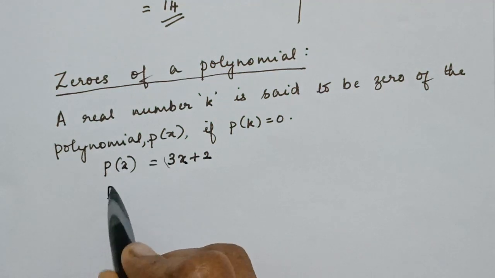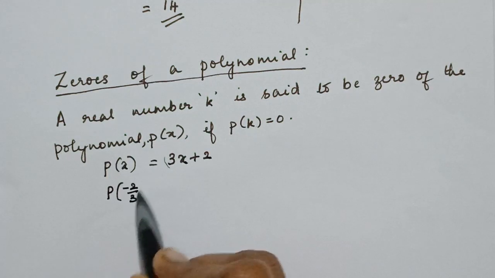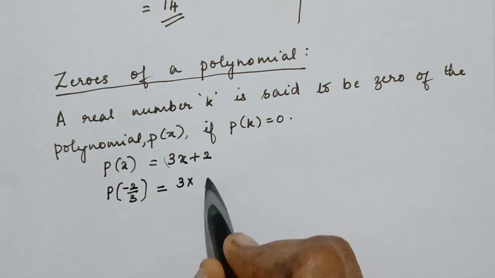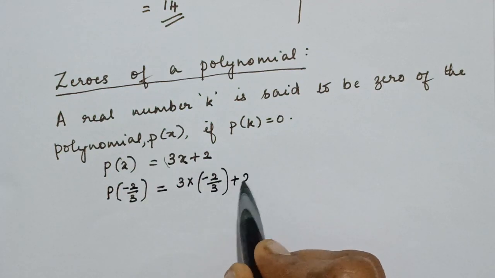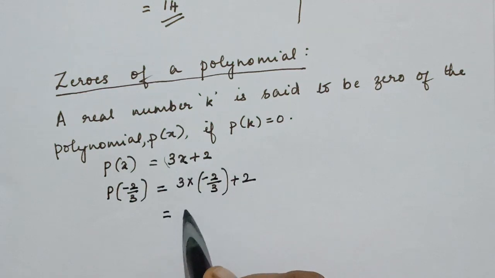You can understand that when x becomes minus 2 by 3, we will substitute and check: 3 into minus 2 by 3 plus 2. 3 and 3 will get cancelled. Your answer will be 0.